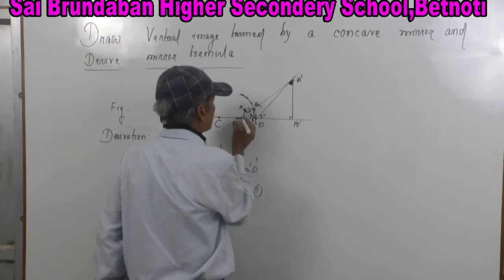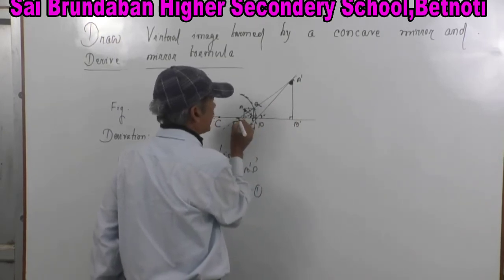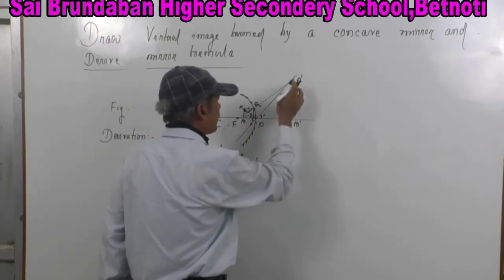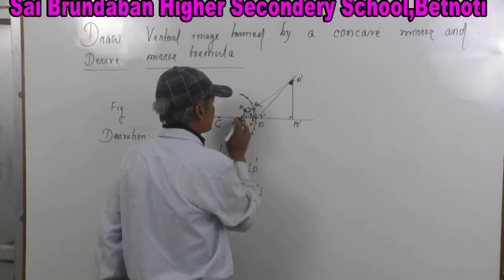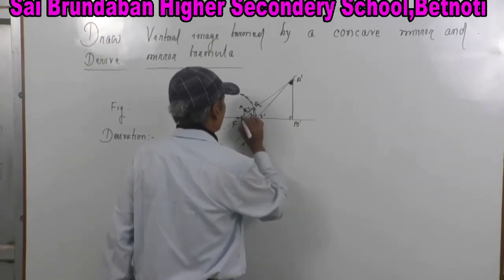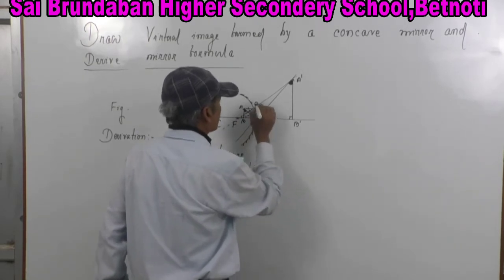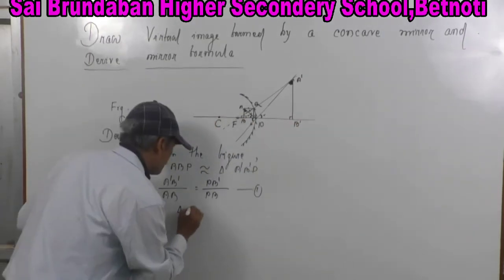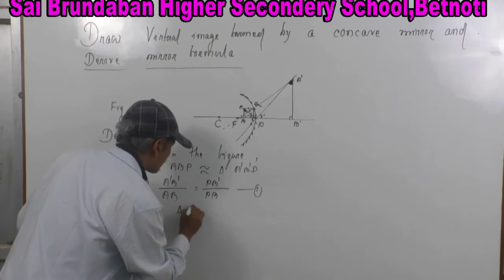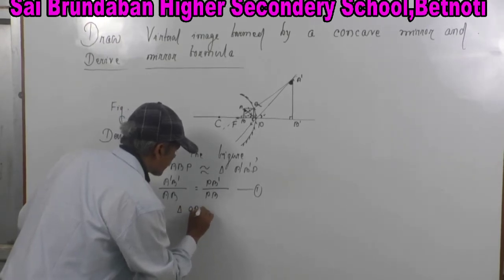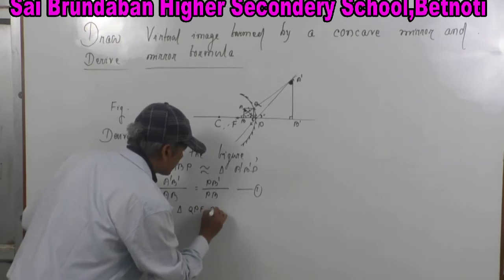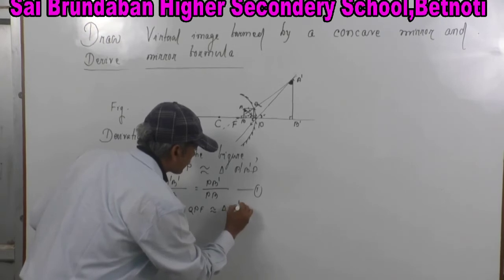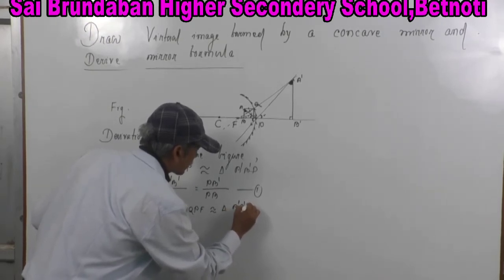This angle is the common angle between the two triangles QPF and A dash B dash F. So triangle QPF is similar to triangle A dash B dash F.